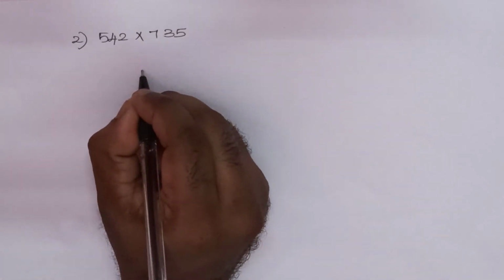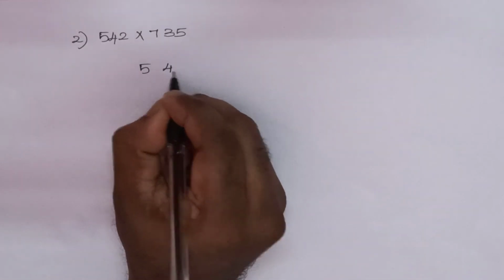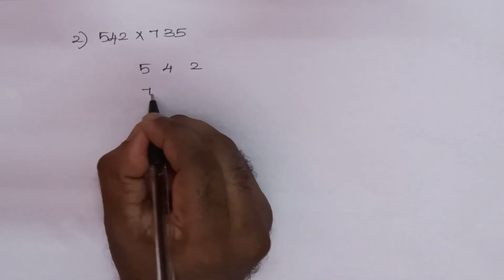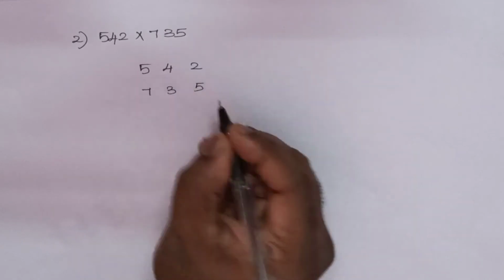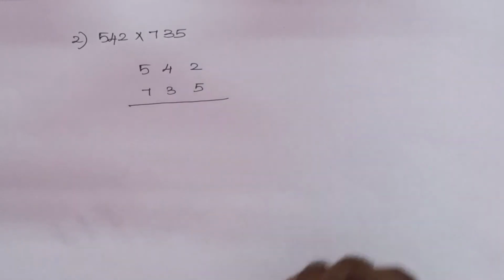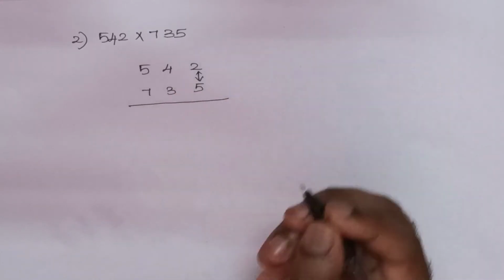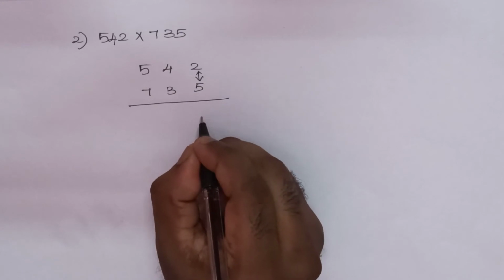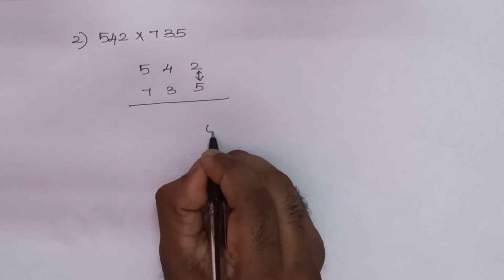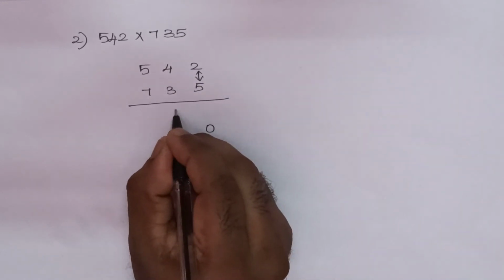So 542 and 735, you have to write it in this manner. First you have to multiply the unit places of both numbers. So 5 into 2 is 10, so you have to put 0 here and 1 as a carry.